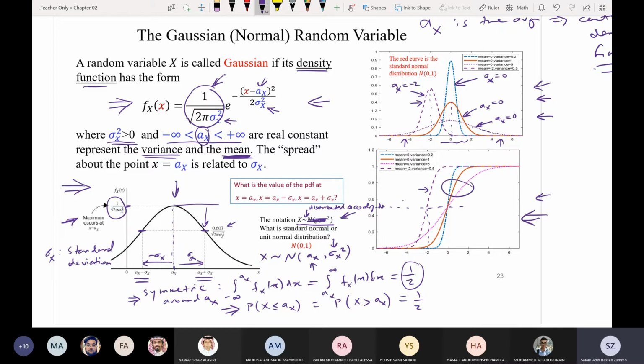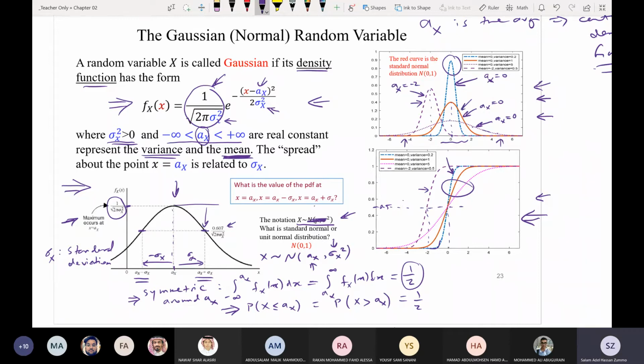The other three all have the same mean, which is 0, the same average, and hence they exceed 0.5 at the average, which is 0. You can see that the narrower the PDF, the steeper the transition from 0 to 1.